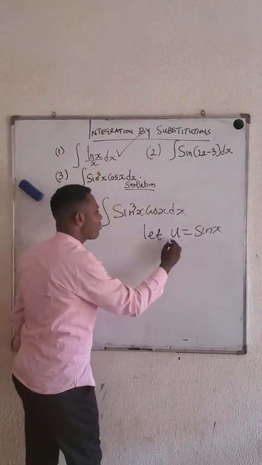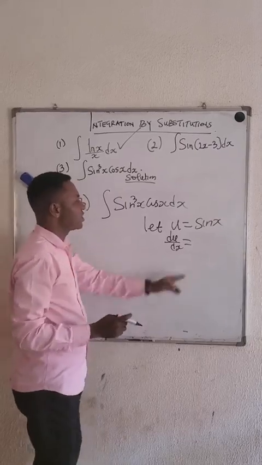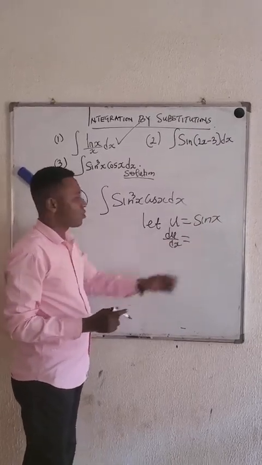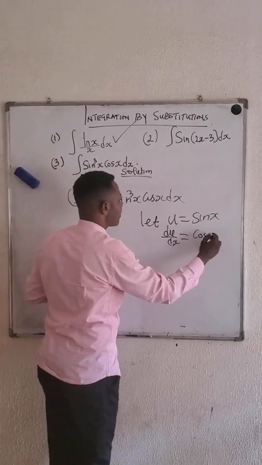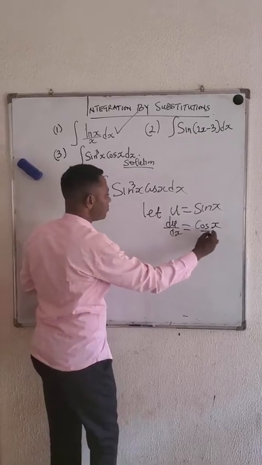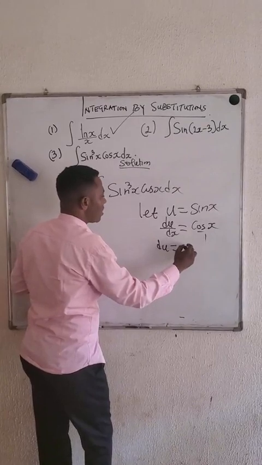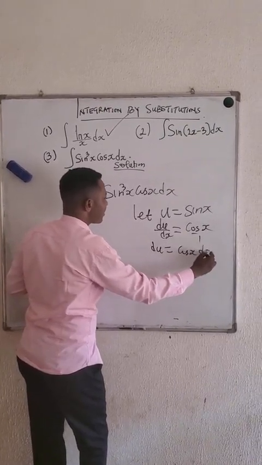So that from here we will find du dx. What is du dx? When you differentiate sine x, you have cos x. And now let's cross multiply. So du equals cos x dx.